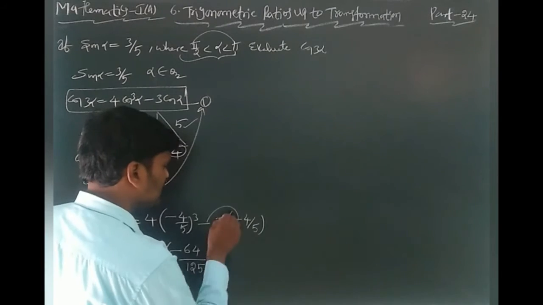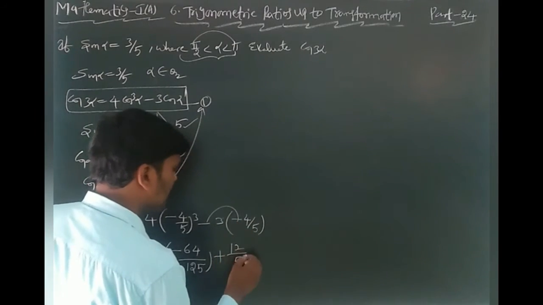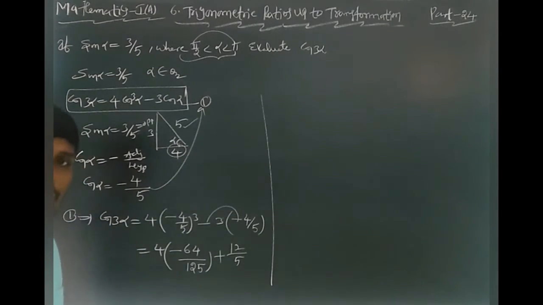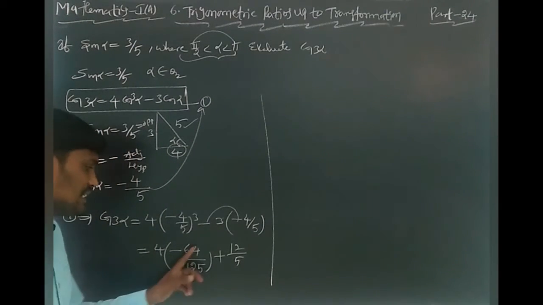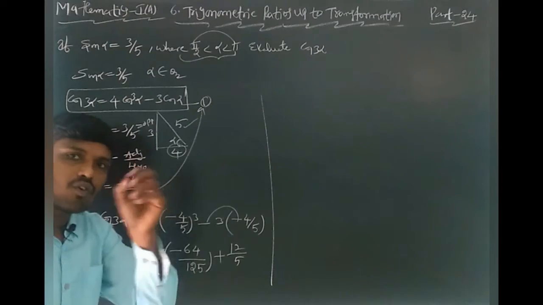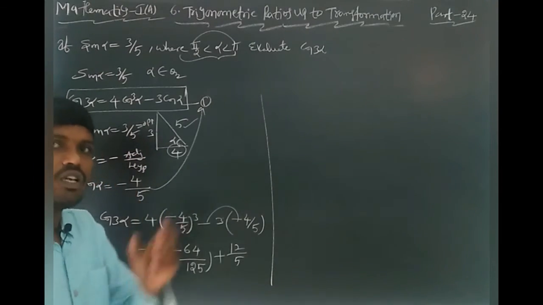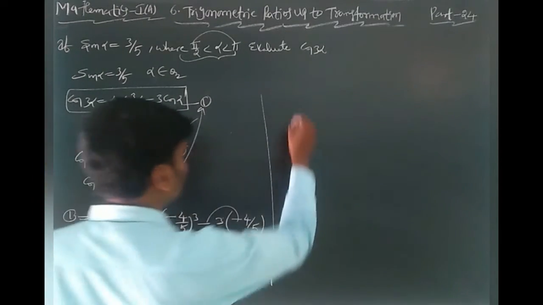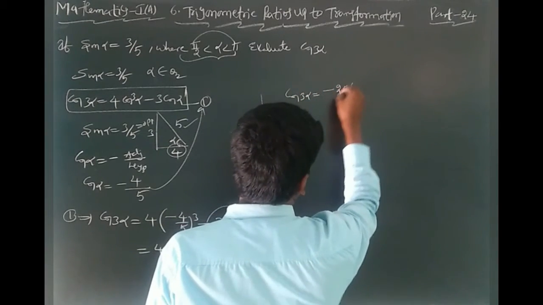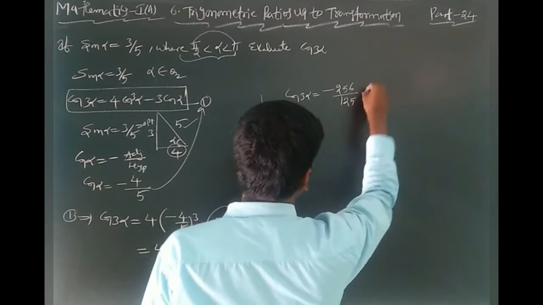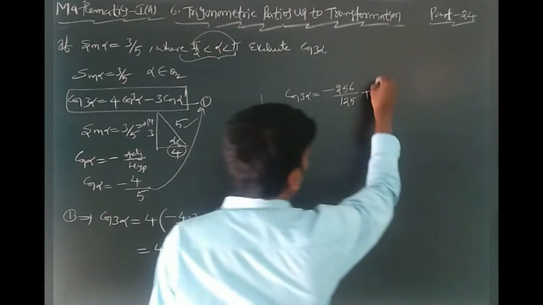Minus into minus is plus, 3 4s are 12 by 5. After that 64 into 4, how much? 4 4s are 16, 4 6s are 24, 24 plus 1 is 25. So cos 3 alpha equals minus 256 by 125 plus 12 by 5.